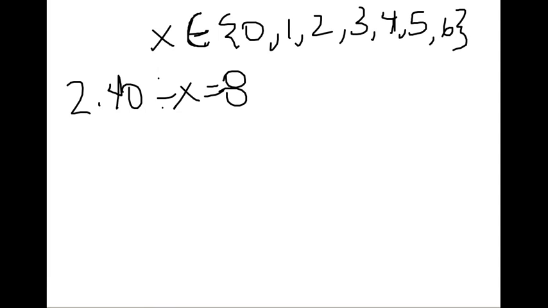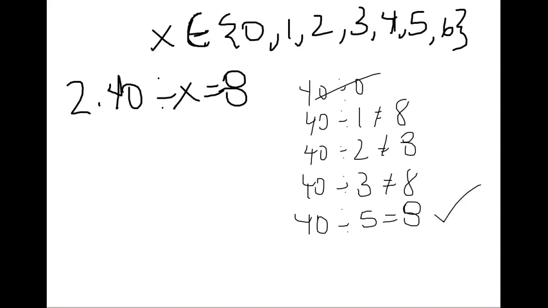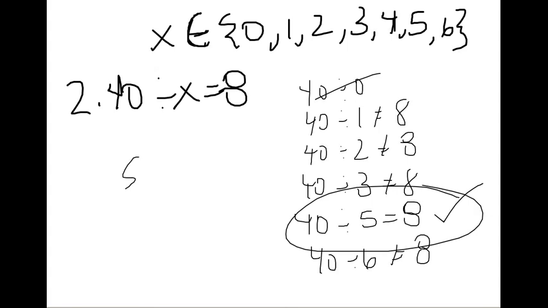Well, 40 divided by 0, we can't even do that. 40 divided by 1 does not equal 8. 40 divided by 2 does not equal 8. 40 divided by 3 does not equal 8. It's not a pretty number. 40 divided by 5 does equal 8. Yes. And 40 divided by 6 does not equal 8. So here my solution is going to be 5.